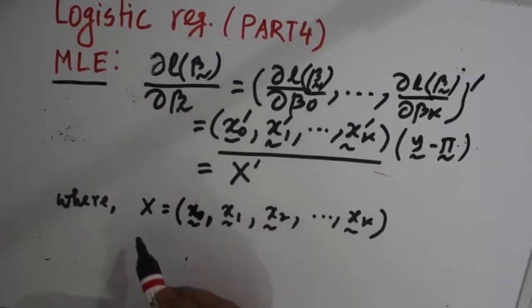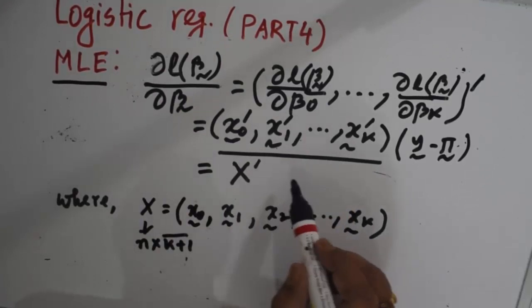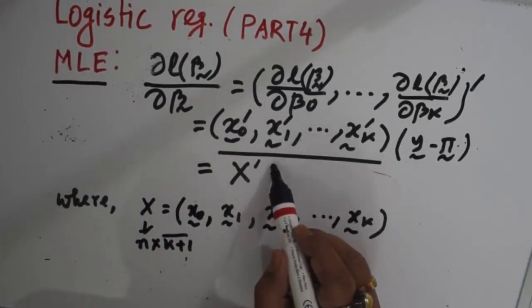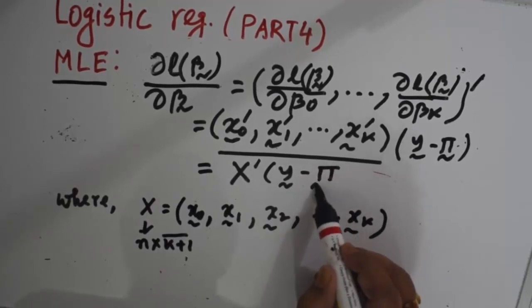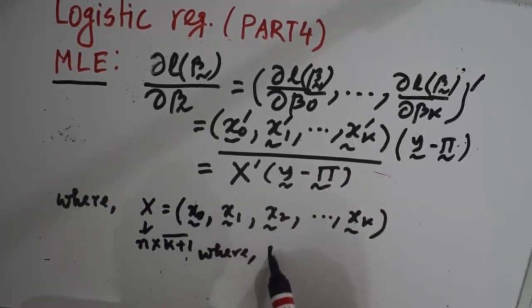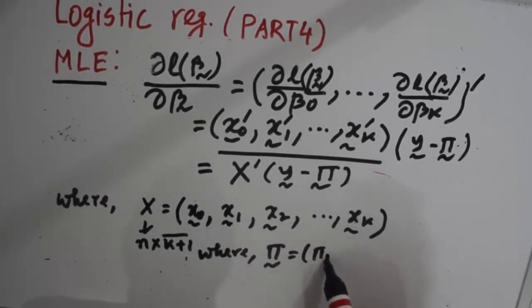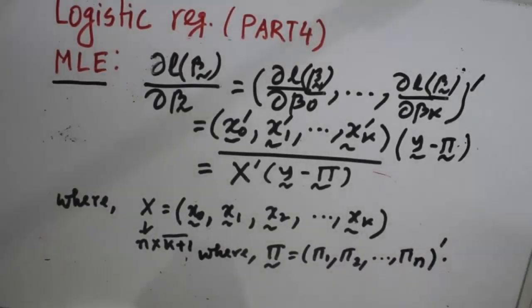So the order of X is n cross k plus 1, and this should be X prime times y curl minus pi curl, where pi curl equals pi 1, pi 2, ..., pi n prime.